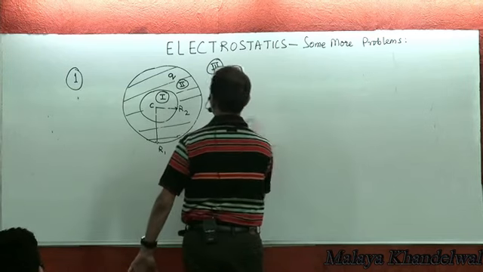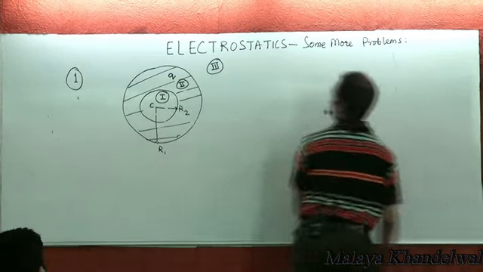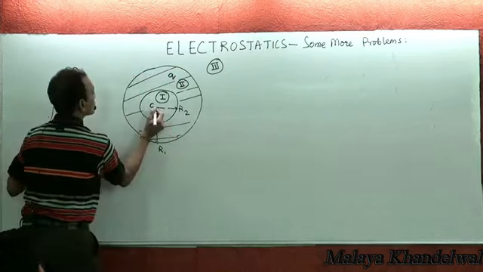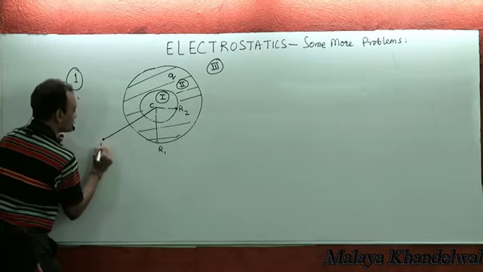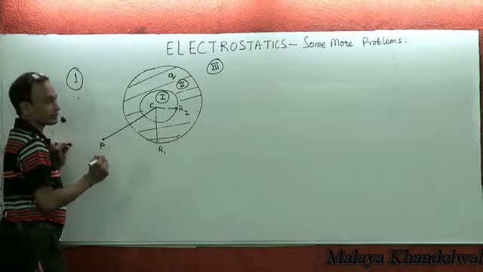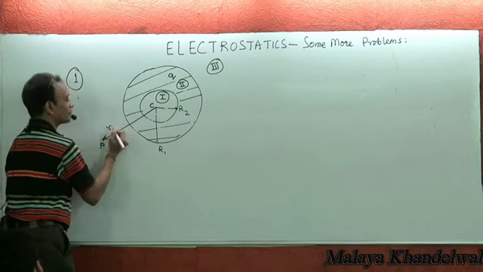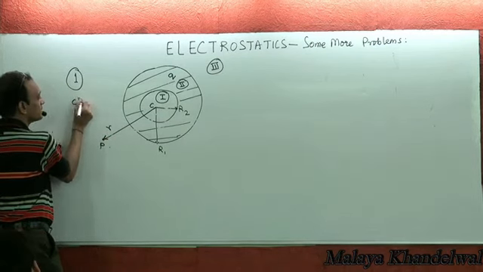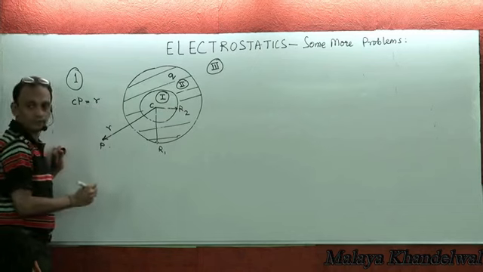Now, if I look at a point P at a distance small r from C, that means CP is small r, right?